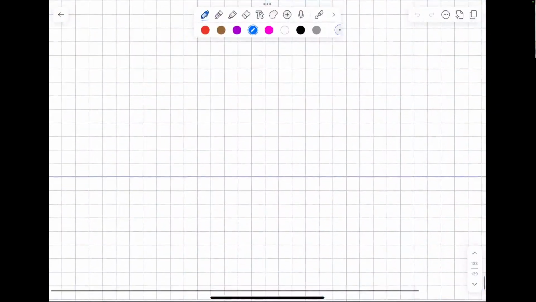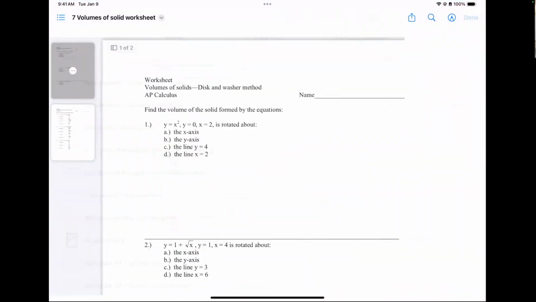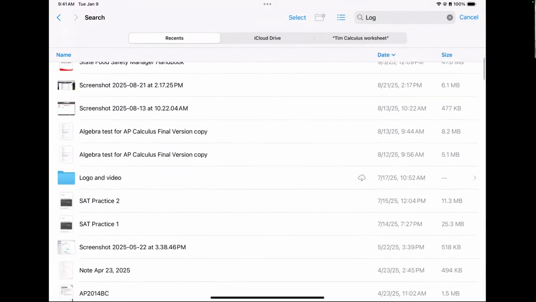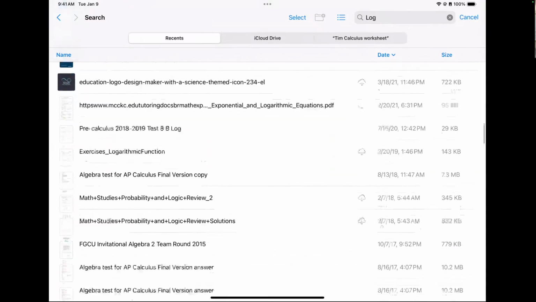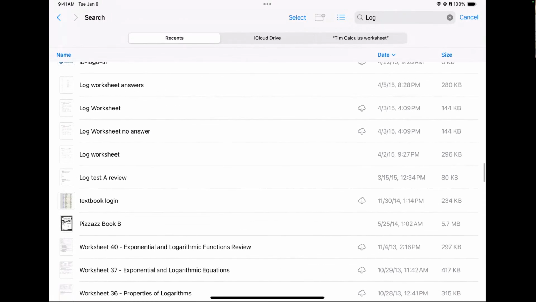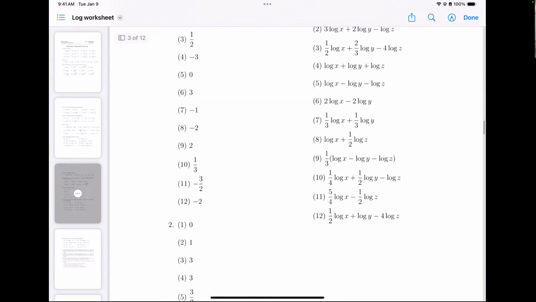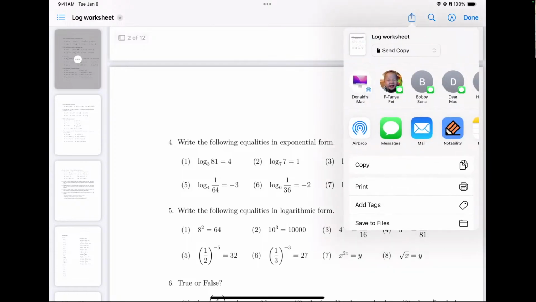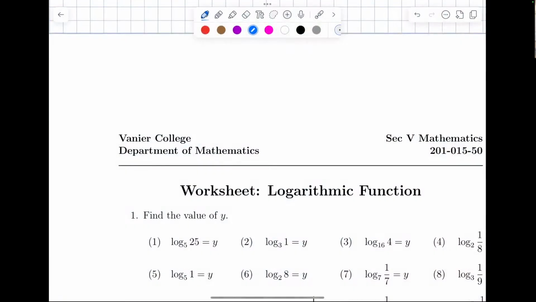All right. So, homework question on logarithm worksheet. So let me pull the log worksheet out. Don't shake it. Hold on. Didn't make that one. Did you take a picture? No, I want to take a picture. All right.